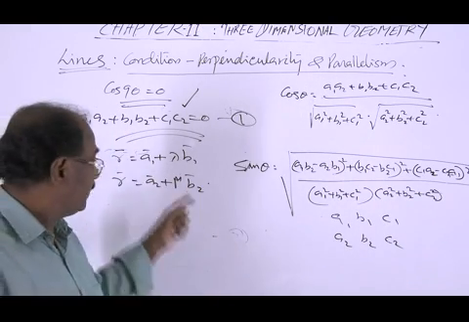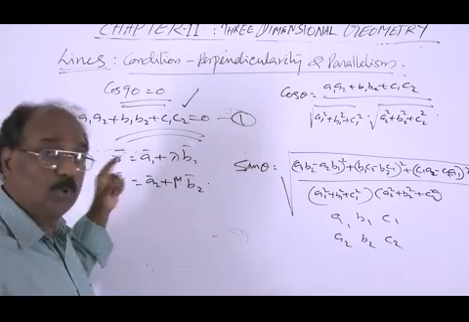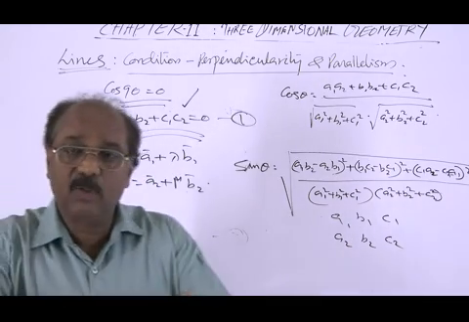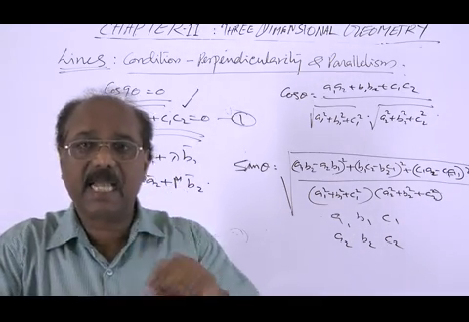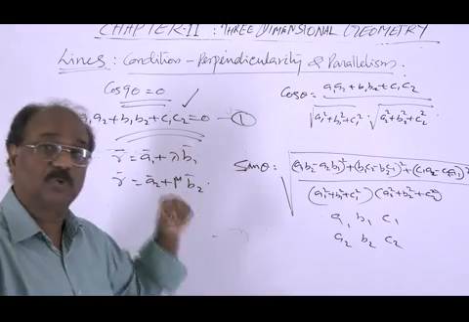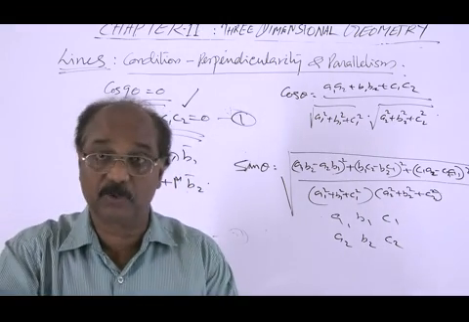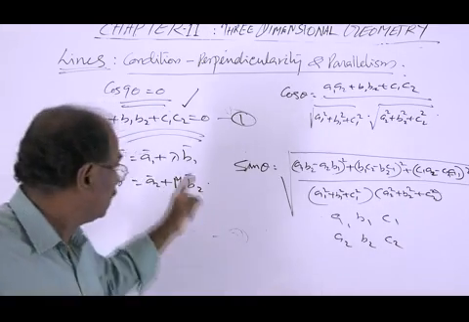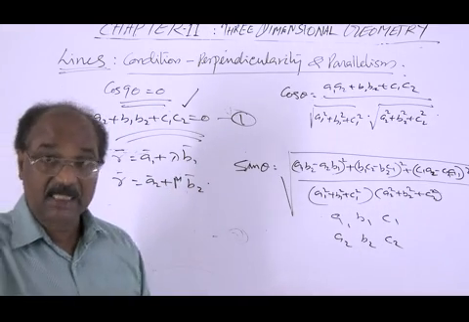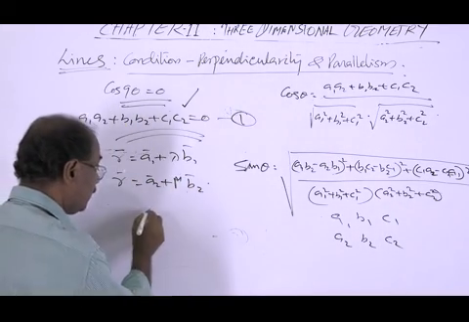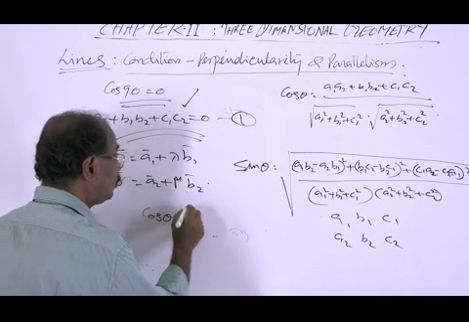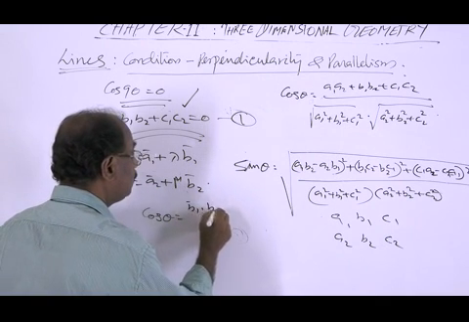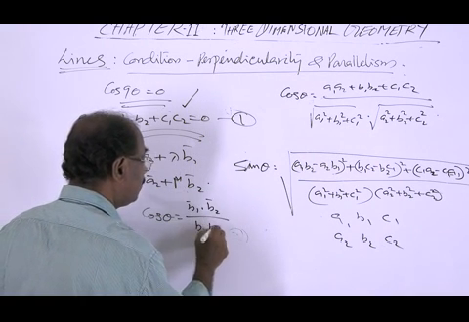Therefore, if theta is the angle between these two lines, then that angle will be the same as the angle between b1 and b2 also, because b1 and b2 are parallel to these two lines. And hence, the angle between the two is given by cos theta is equal to b1 dot b2 divided by modulus b1 into modulus b2.